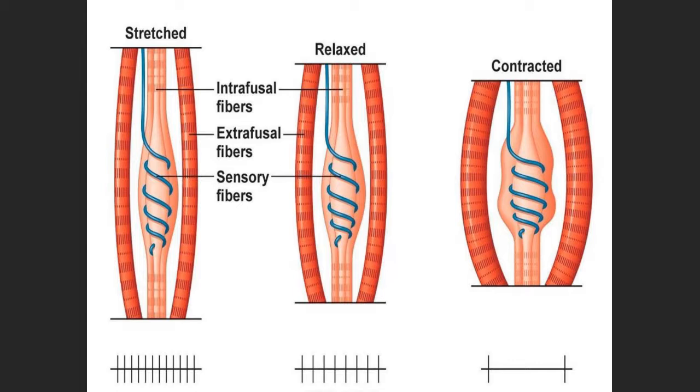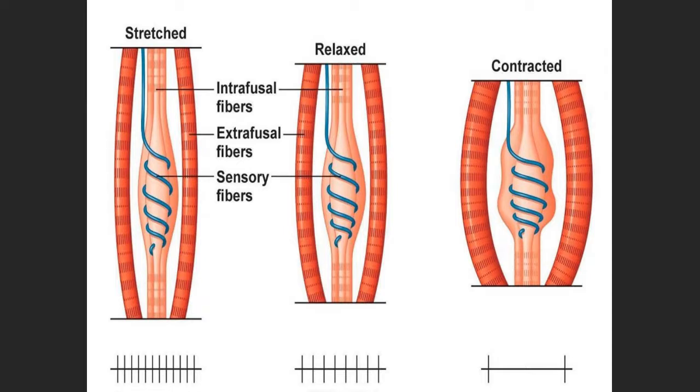So imagine we have a muscle. When we've got muscles, we tend to think about the extrafusal fibers. These are the muscle fiber itself, the actin and myosin and all that other stuff that we cover in muscle physiology later on this semester. And then we've got the intrafusal fibers, and these contain a muscle spindle.